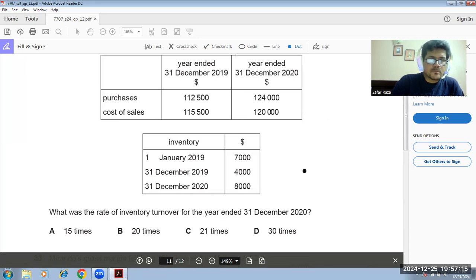Cost of sales on 31st December 2020 is 120,000 and average inventory would be 4,000 plus 8,000, 12,000 divided by 2, 6,000. So if 120,000 cost of sales is divided by average inventory, you will get 20 times as the answer.